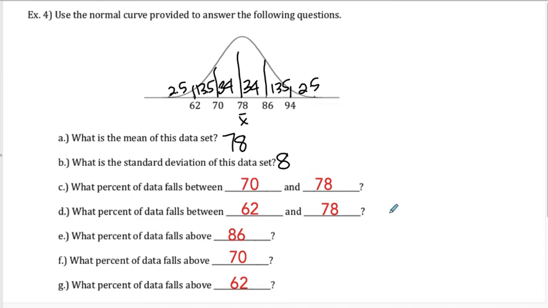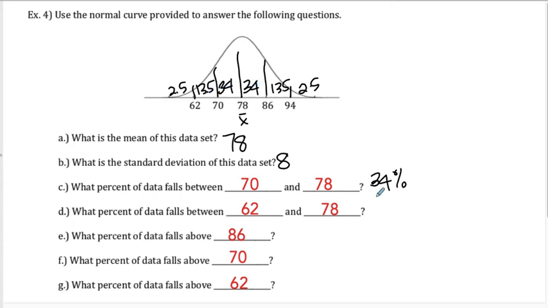And so to check these questions out then, what percent between 70 and 78? That would be 34%. What percentage of data is between 62 and 78?